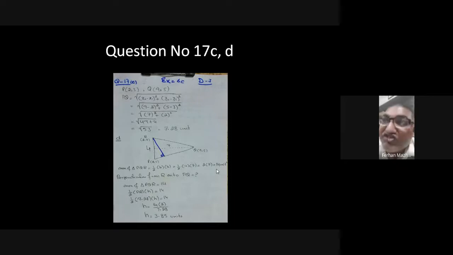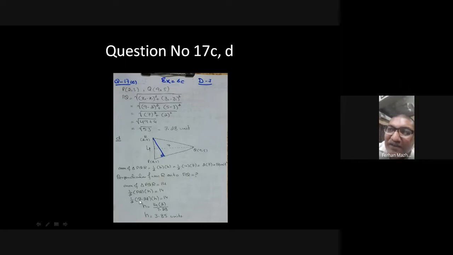But the question to us is, what is the length of the perpendicular from R onto PQ? So I will take PQ as the base. Its length is 7.28. And then this blue color thing will be the height, that is the perpendicular coming from R onto PQ. I will apply the formula of the area. The area of this triangle we already know is 14. So 1 by 2 into PQ into height or perpendicular equals 14.